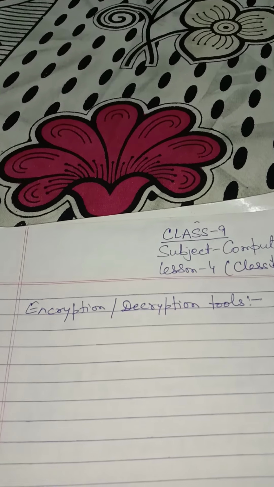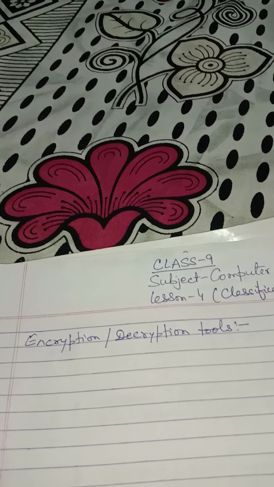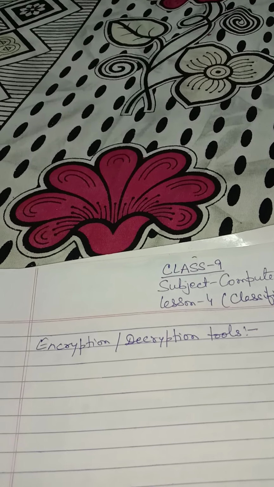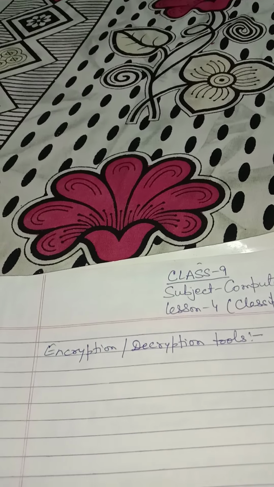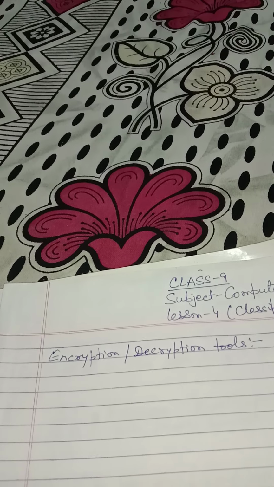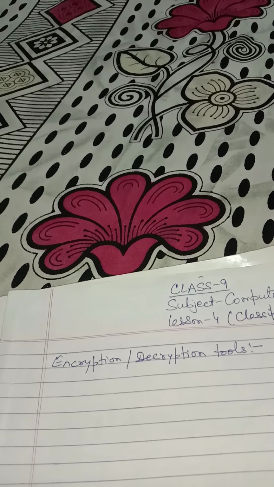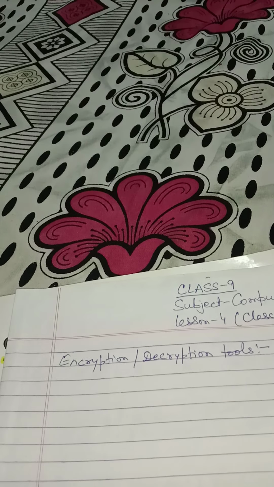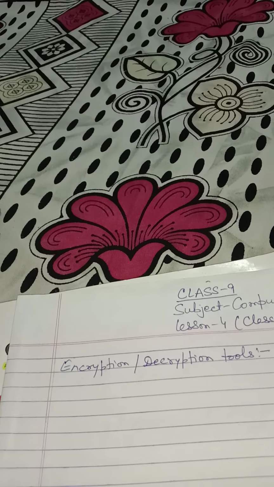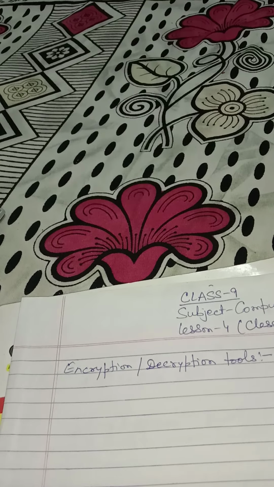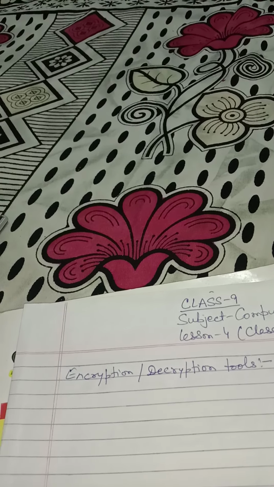We can say encryption is the process of encoding the data in a form that is not understandable until it is decoded. Encryption helps in protecting the data from unauthorized persons. Even if hackers hack our data, they will not be able to understand it because the actual text has been transformed into encrypted letters or symbols.